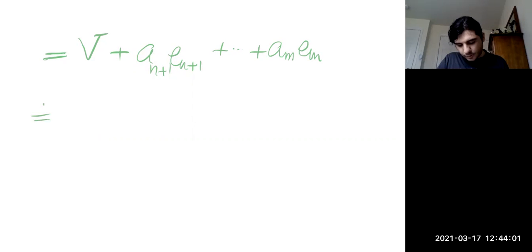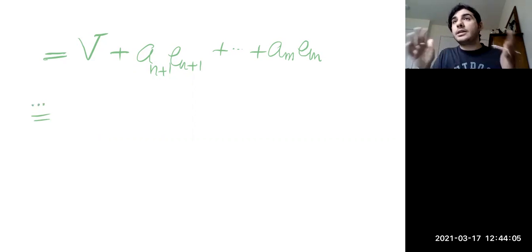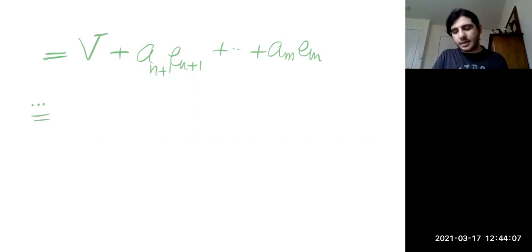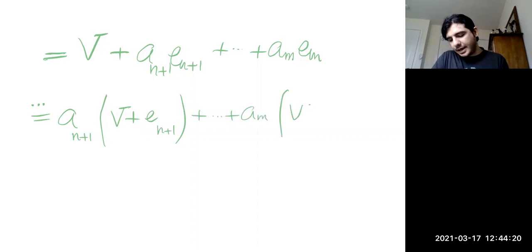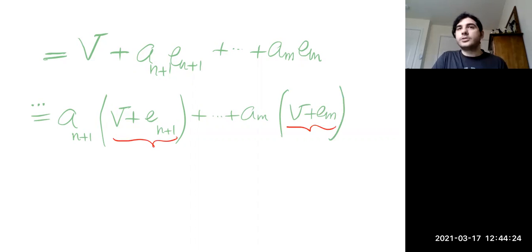This is just a little bit of notation. Maybe I talk about it more next time. This is just the way we define addition and multiplication on this space. It's equal to An+1 times (V plus En+1) up to Am times (V plus Em). Now, these are exactly the things I told you are the basis.